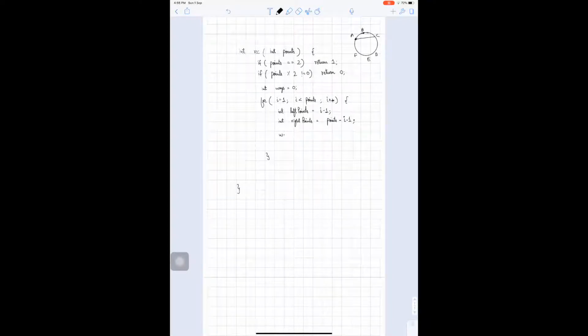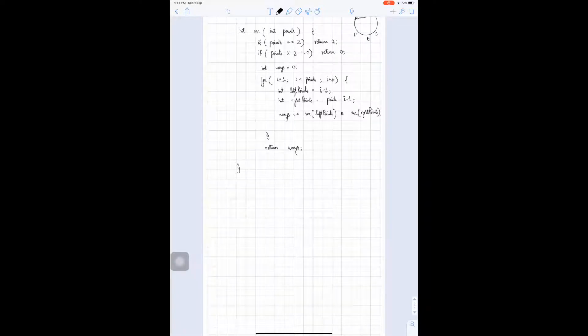So ways plus equal to recurse left points multiplied by recurse right points. And finally we return ways, right?